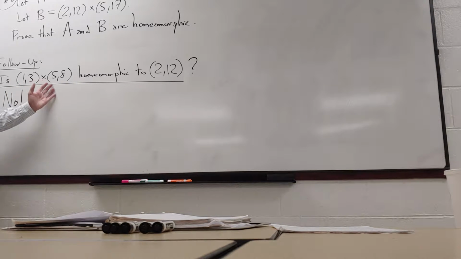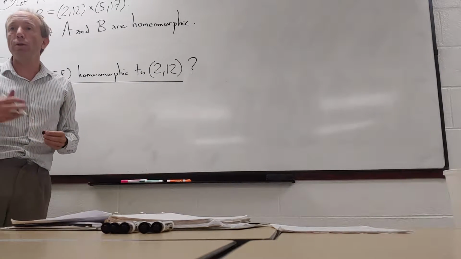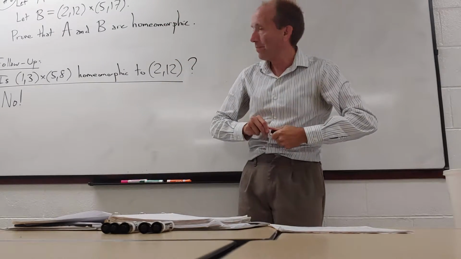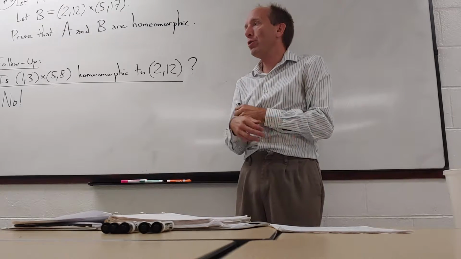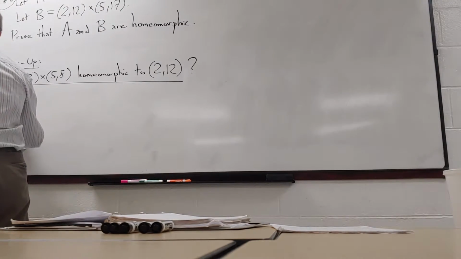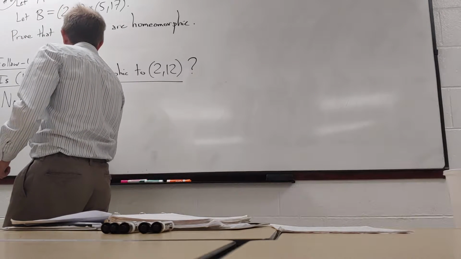All I have to do is find one valid way of defining a function from here to here. And maybe it's not the way you were thinking of. Maybe there's some other way to do it. I can't assume what the form of that function would look like. I could assume by way of contradiction, suppose that there was such a function.